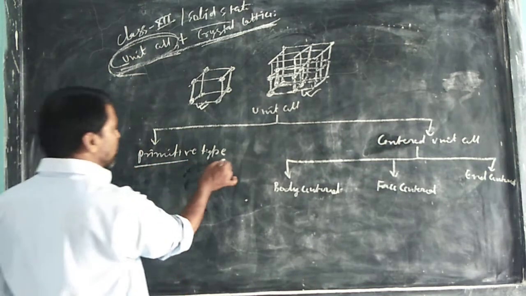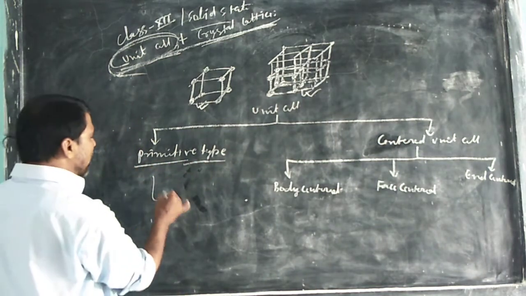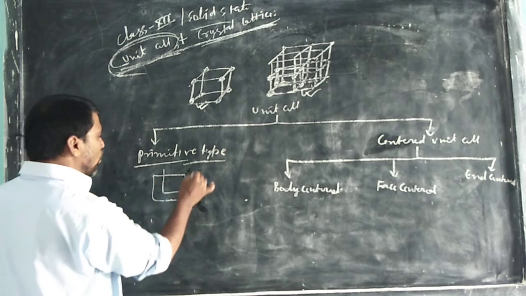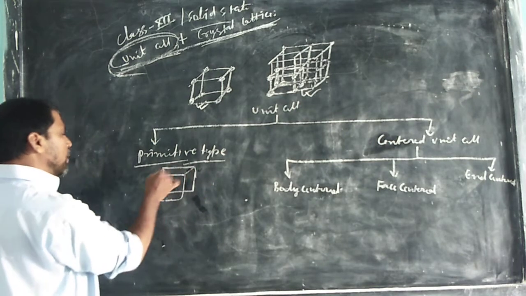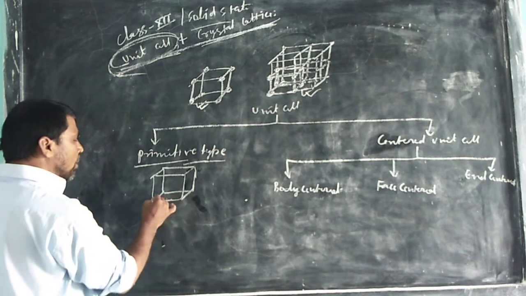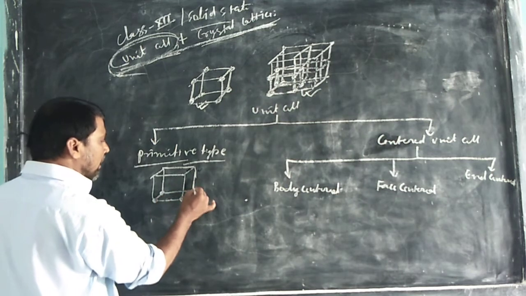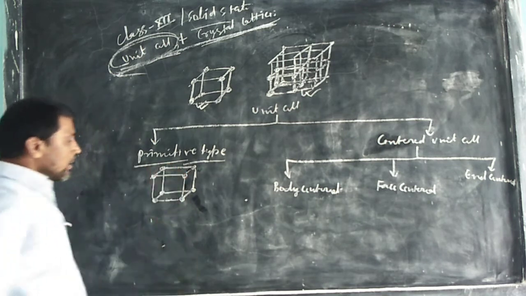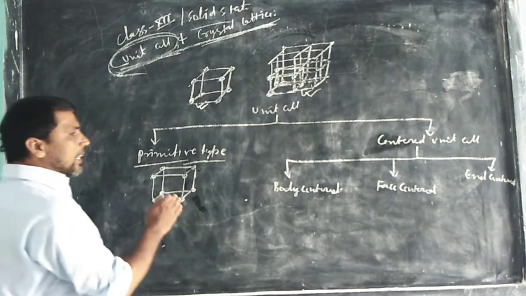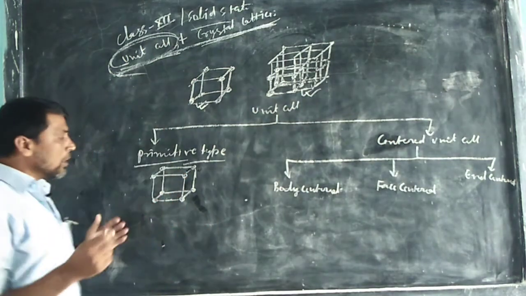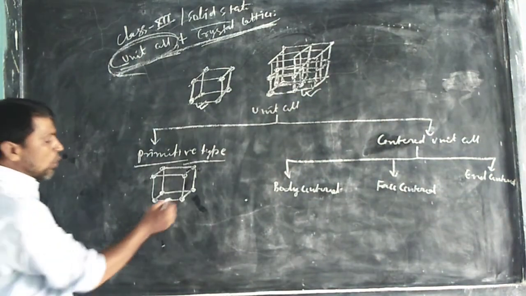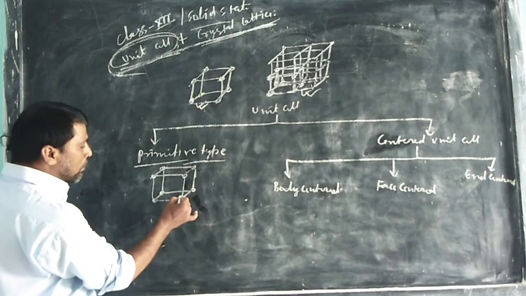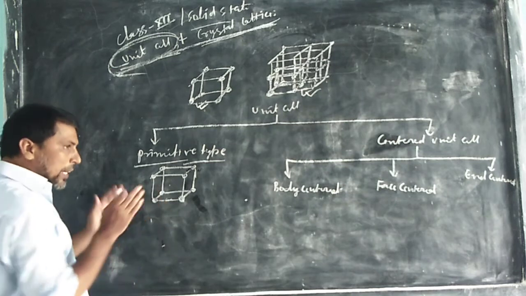In primitive type of unit cell, constituent particles are located only at each corner of the unit cell. Since one corner of a unit cell is shared with 8 other adjacent unit cells, one constituent particle contributes 1 by 8 to a particular unit cell.